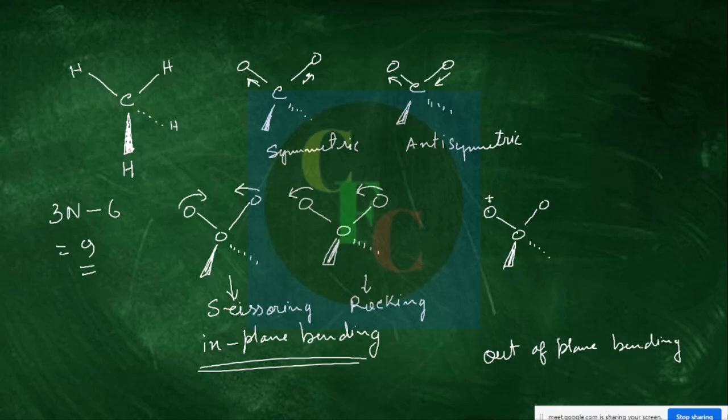Let me put a positive sign; positive means it's coming towards you. Either it can do like this, or one can come towards you and the other can go away from you. I am putting the minus sign like this. So there can be two types of out-of-plane bending. Now this is called wagging, and this is called twisting.